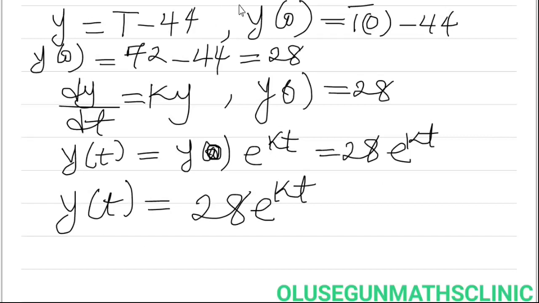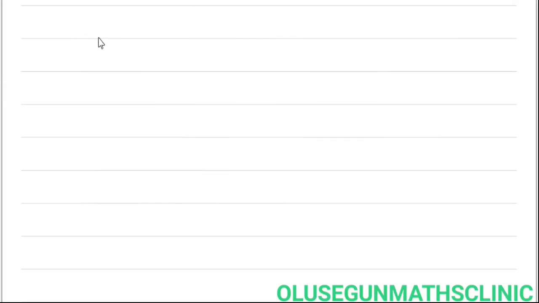So the tea has now cooled to 61 degrees, which means T of 30 is 61.